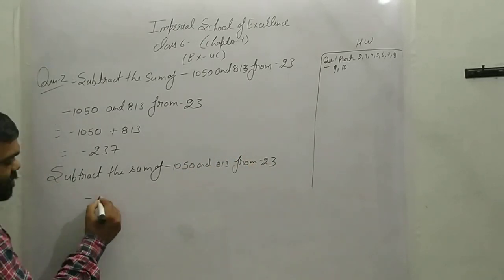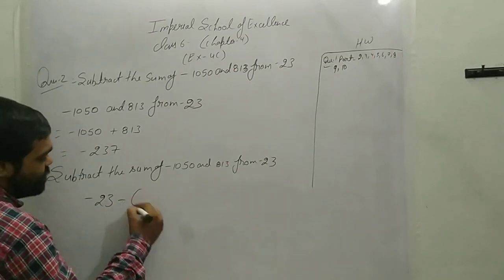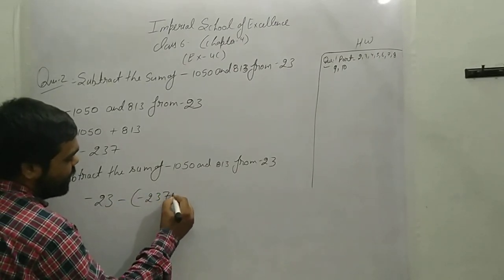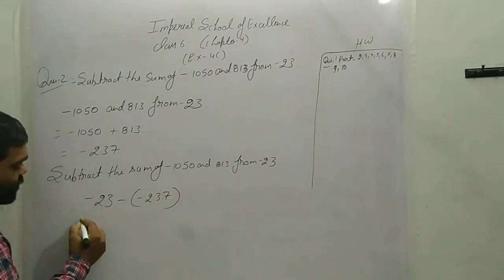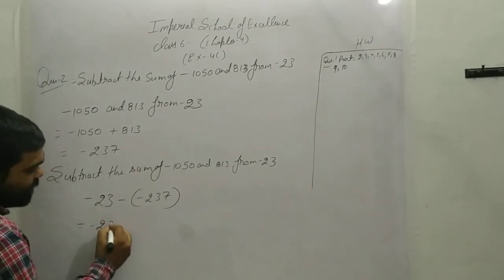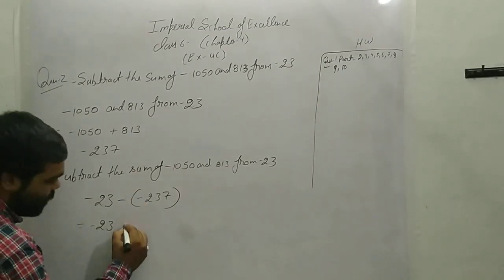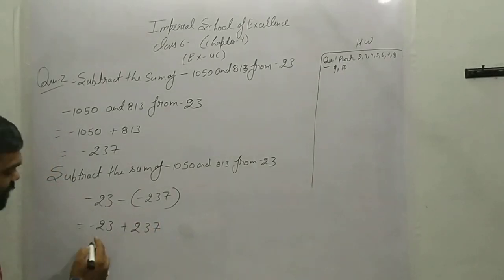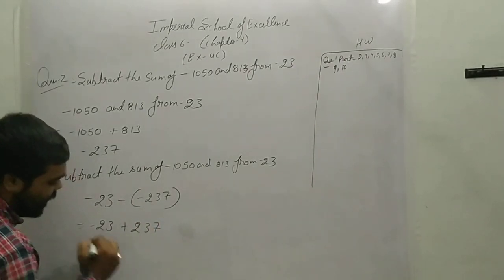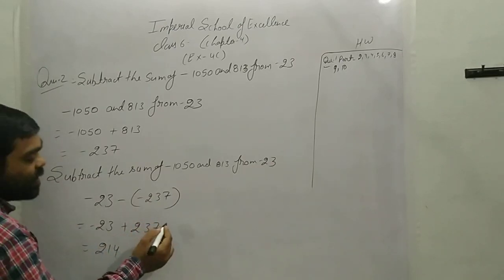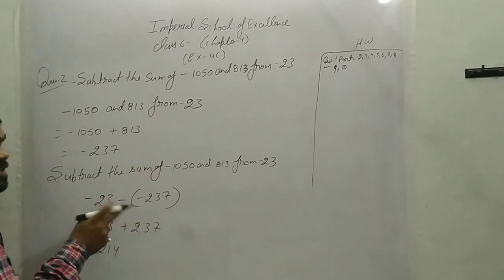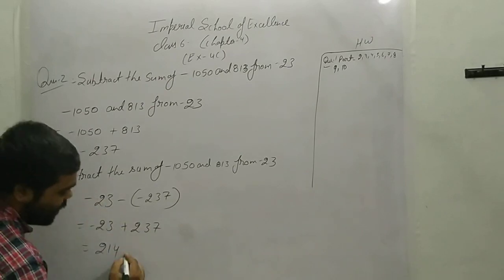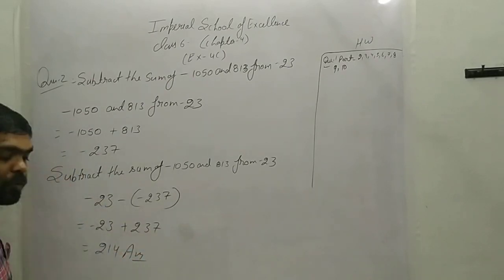Now minus 23 minus 237. It is come here. After that minus 23 minus and minus plus 237 plus minus minus, answer would be 214 in plus, because the positive digit is greater in comparison of negative. This is your answer. You have to do.